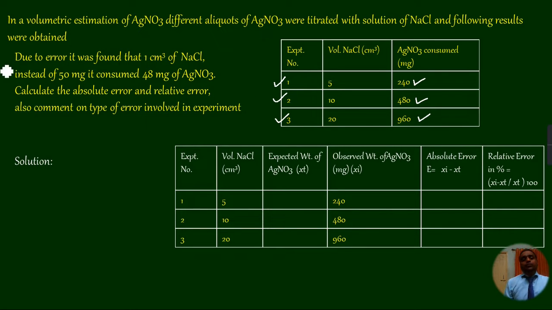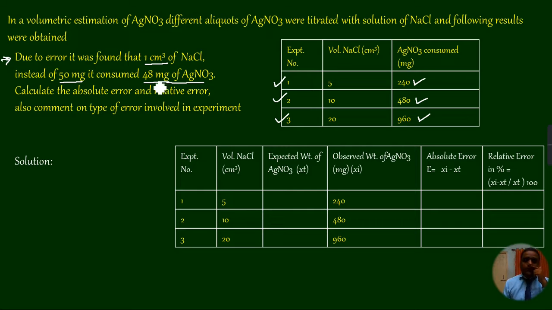Now, due to error, it was found that 1 cm cube of NaCl, instead of 50 milligrams, consumed 48 milligrams of silver nitrate. So there is an error in this measurement. 1 cm cube of NaCl should consume 50 milligrams of silver nitrate, but in this case we are getting 48 milligrams.